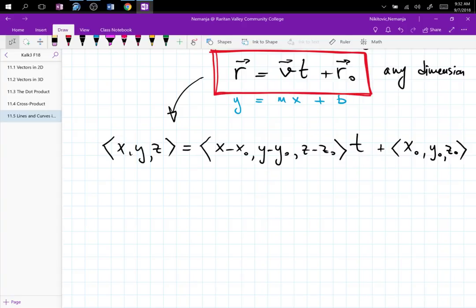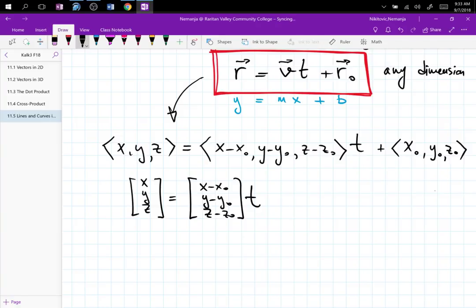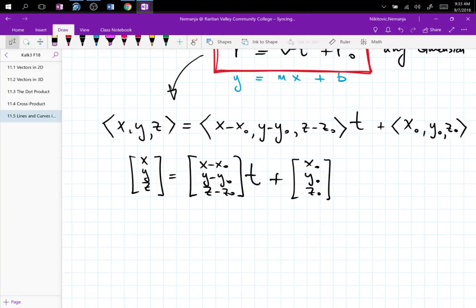Now, you can write the vector as a row vector, or you can write it as a column vector as well. So let's stack them. X, y, z is equal to x minus x0, y minus y0, z minus z0 times t plus x0, y0, z0. And finally, we can write the set of parametric equations for a straight line.